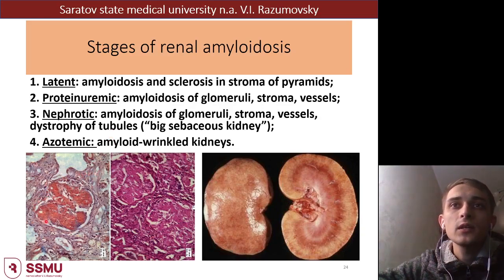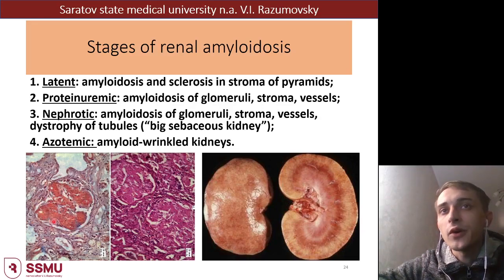Histologically, we may see accumulation of homogeneous masses in the glomeruli, in this part of the slide and in this one. So, you may see a difference of color in this and this localization. On this part of the slide, amyloidosis masses have a red color. In this one, only pink.